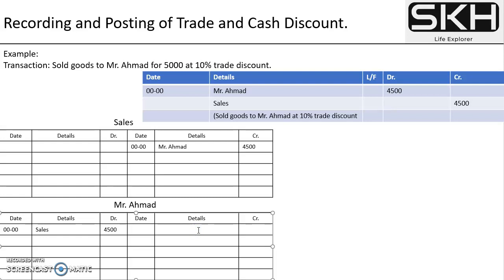The first part is closed because he paid us by check, bank 4,050, and then we gave him the discount. So I will write here discount allowed, which is 450. So this account you can see is closed. This is also called a zero balance ledger.